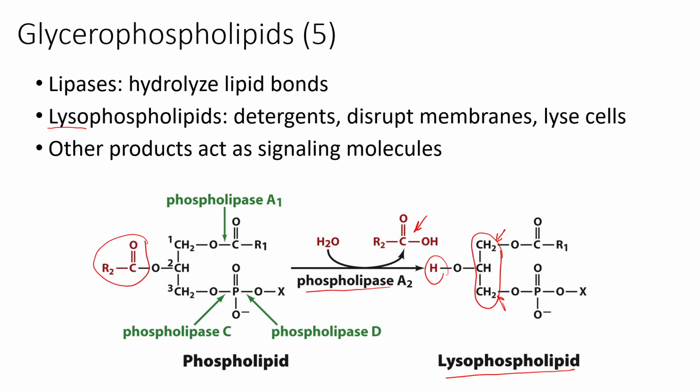And you'll see as we learn about signaling a while from now, some of these phospholipases might come back, as well as some of the products of the cutting process from some of these phospholipases. They can act as signaling molecules that can ultimately help give a cell directions for how to behave or function.